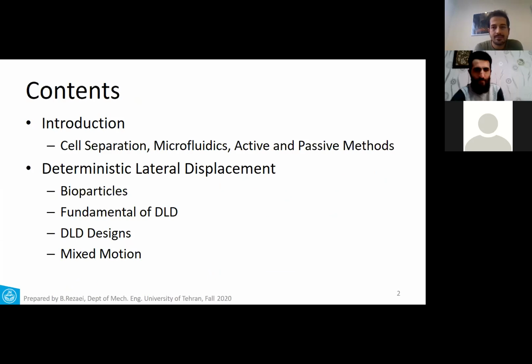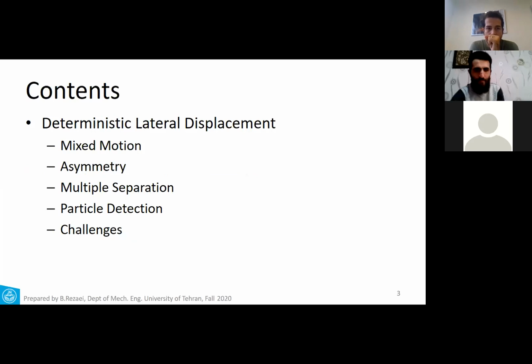Then I'm going to tell you about its fundamentals, what kind of particles are separated through this phenomenon. You see in these two slides the titles that I've prepared to present today.